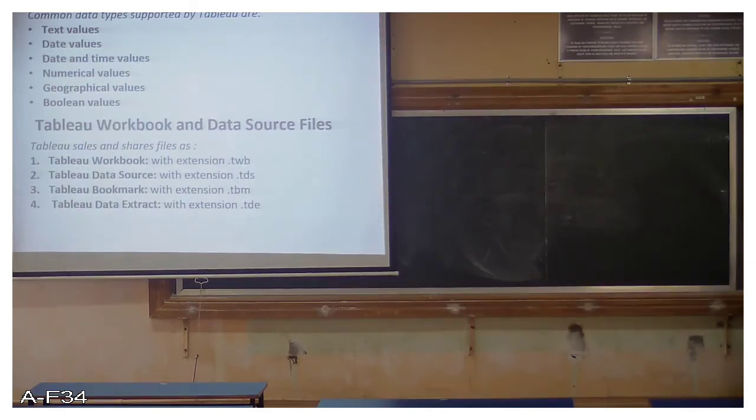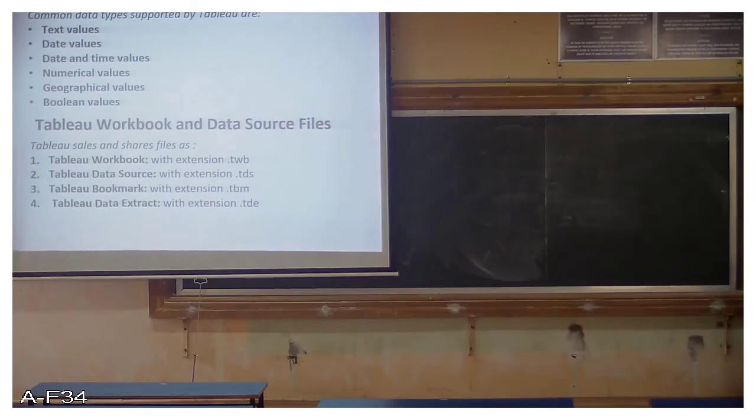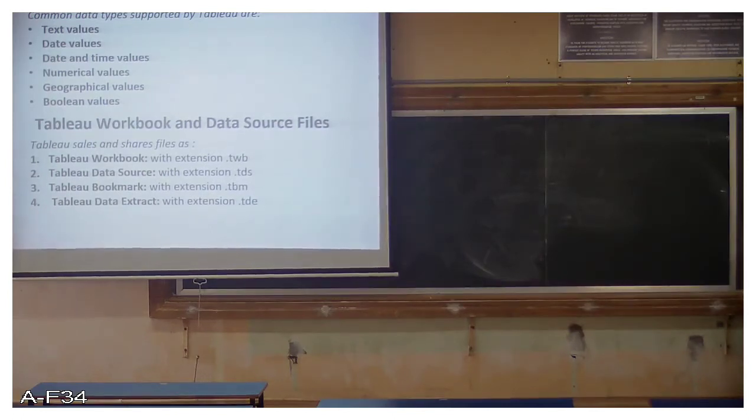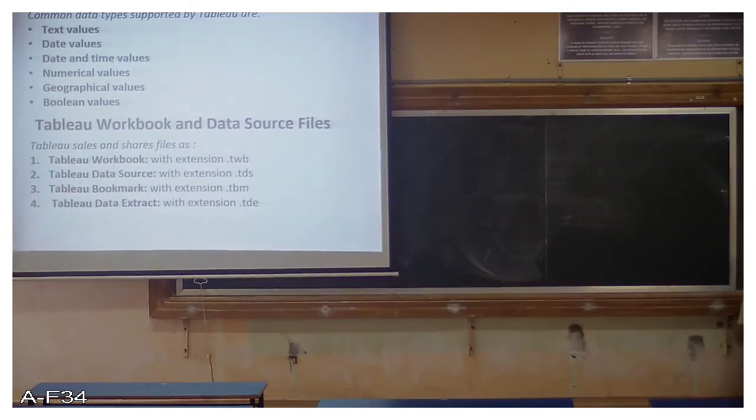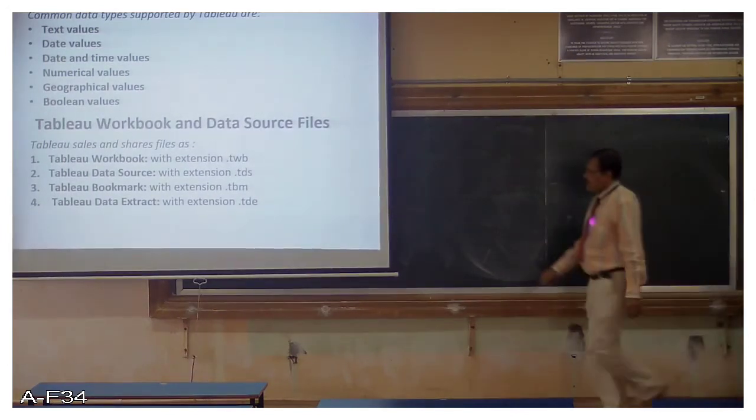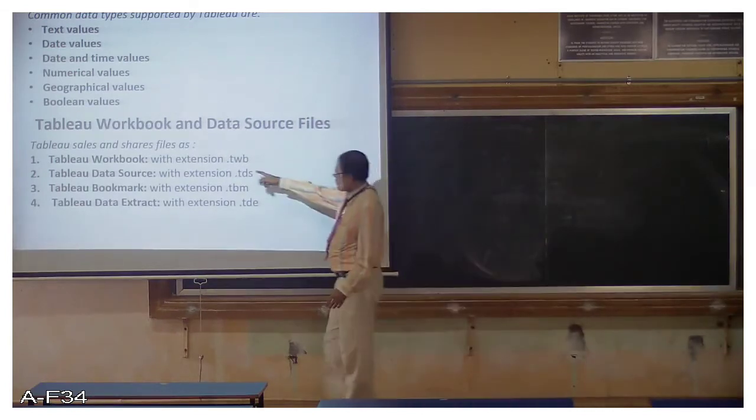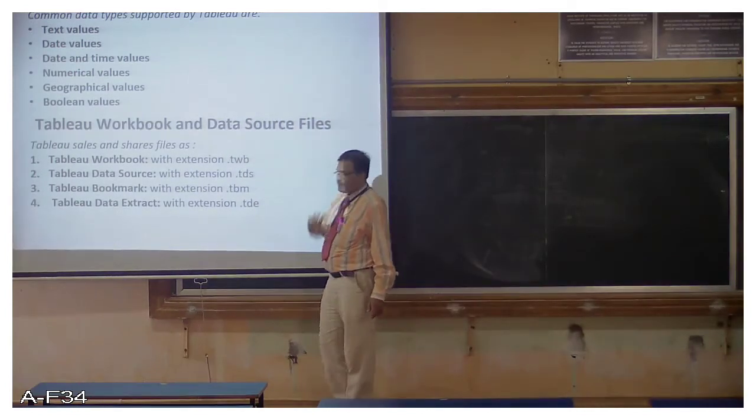It is the default save type when you save your work on the desktop. Whenever you save, this is the default file that is created, a Tableau workbook. The extension of this default workbook is .twb.